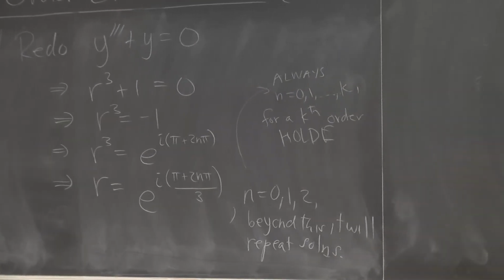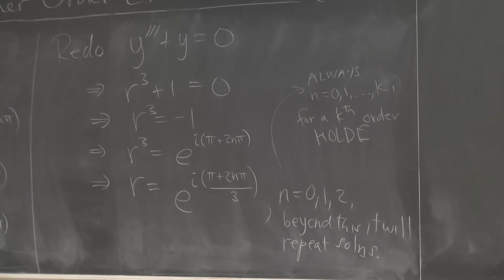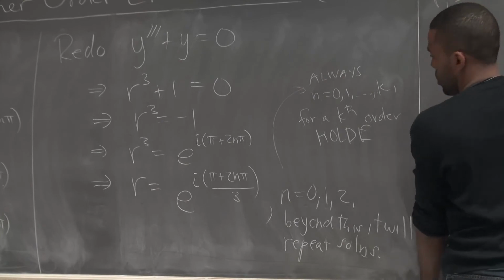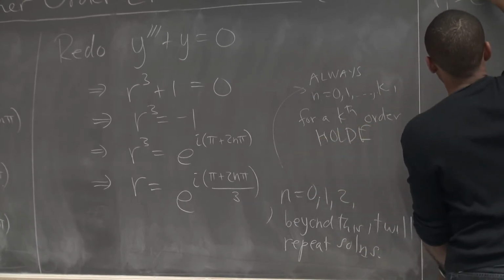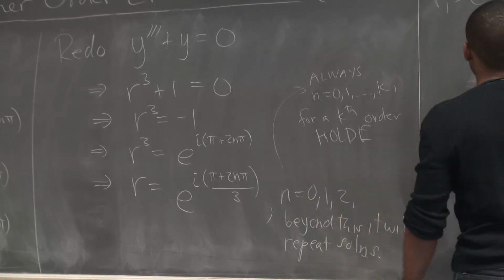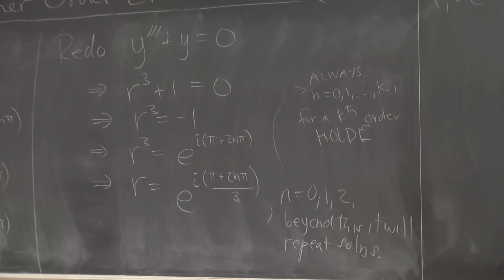So let's look at the solutions to this and see if they actually agree with what we had last time. This would mean that r1 is equal to, well, plug in n equals 0, e to the i pi over 3. But that's cosine pi over 3 plus i sine pi over 3.